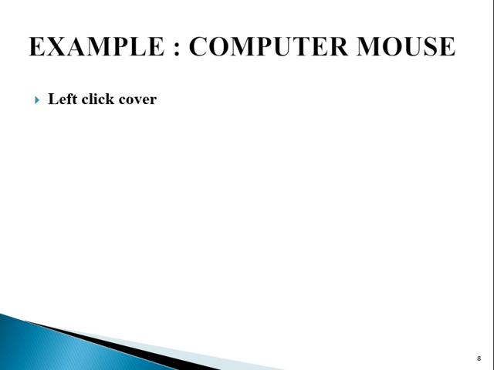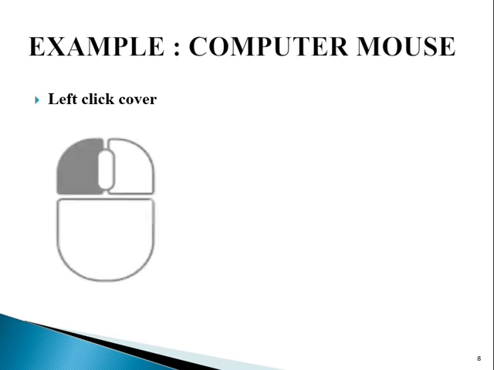Okay. Next is left click cover. So in the left direction you can see a darkened part here. So the left click cover is a small curved piece of plastic on the top front of a computer mouse. It can be depressed to transport a signal to a receiver on a circuit board inside the mouse.